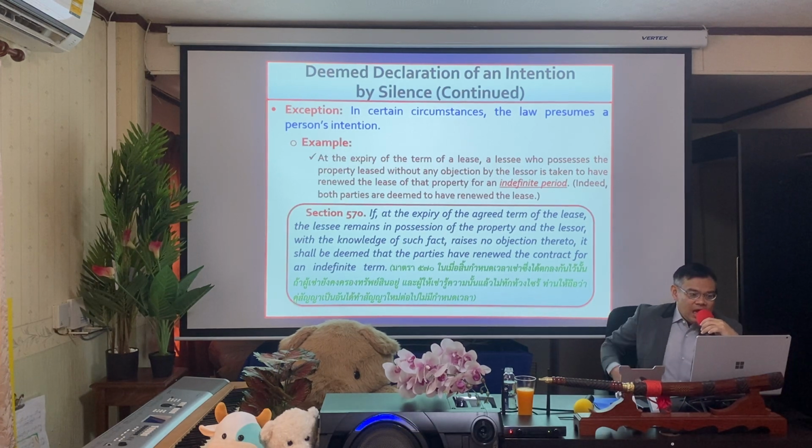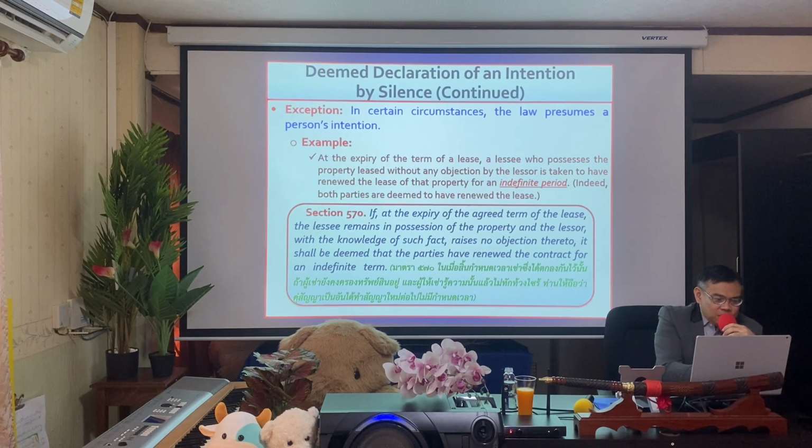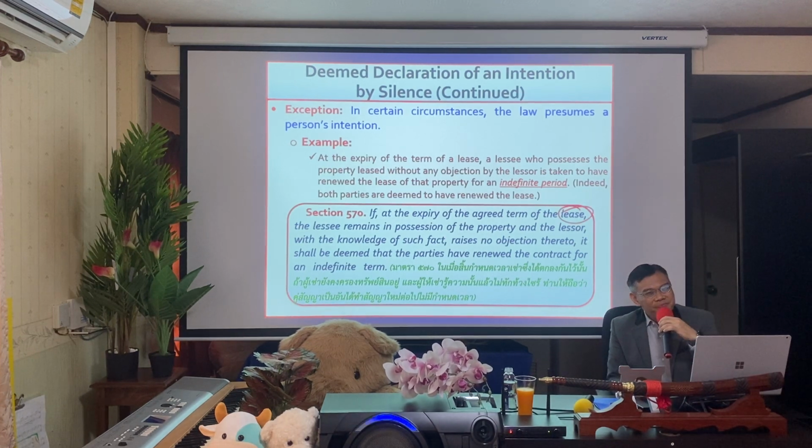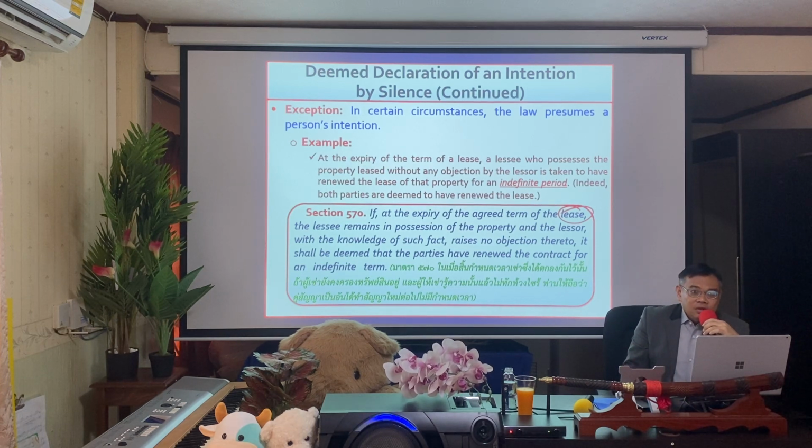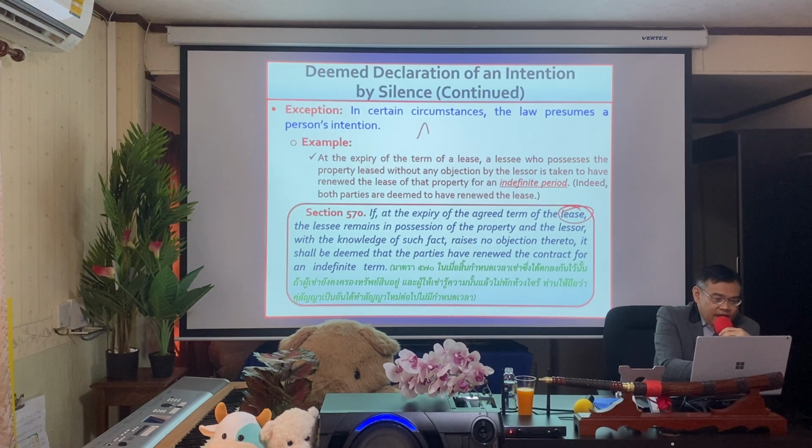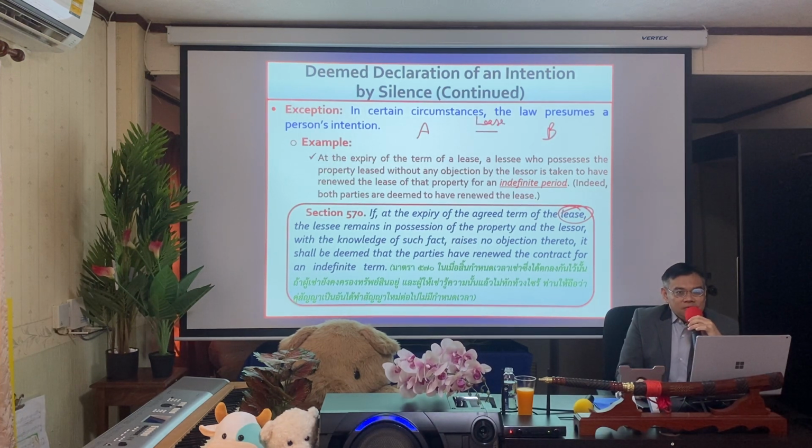Right. We have, in fact, a very striking example from the lease agreement, a lease, สัญญาเช่า. Let's suppose that A and B make a lease. Remember the lease? People in Thailand normally call this agreement by the name hire of property, but I prefer the word lease.